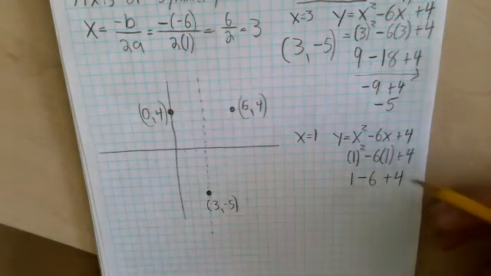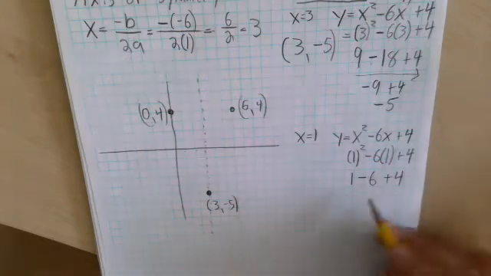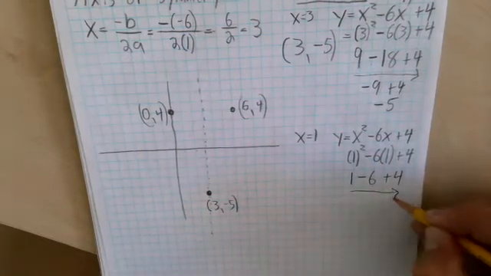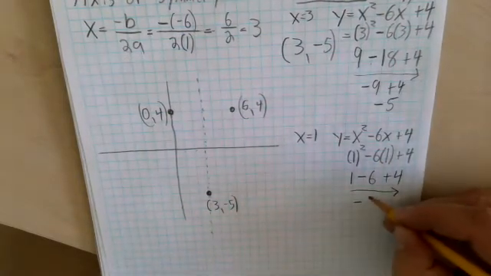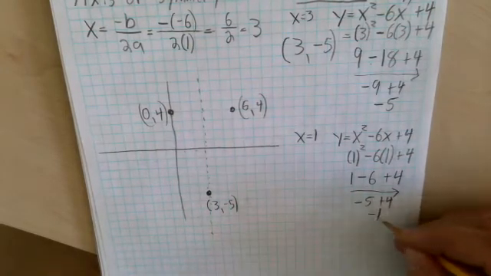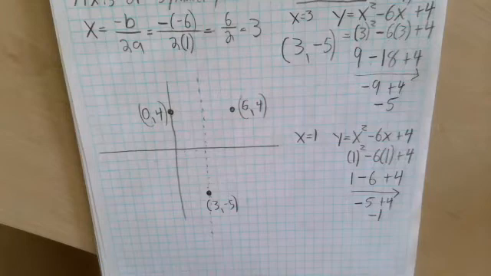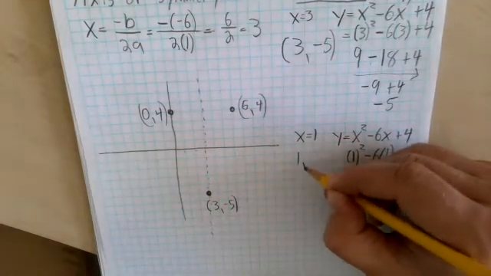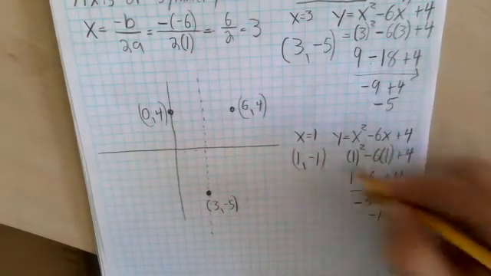We're going to be doing this a lot, plugging things in and seeing what we get out for our y term. Moving left to right, 1 minus 6 is -5, plus 4 is -1. So the point we just found on our parabola is (1, -1).